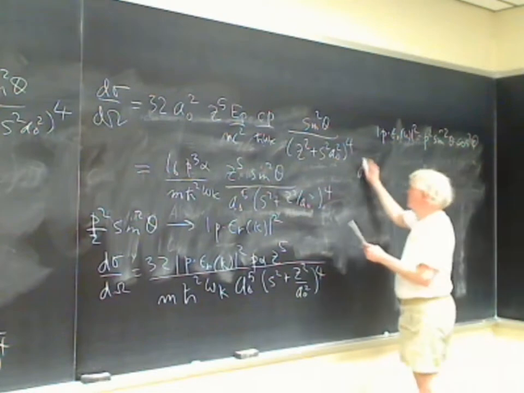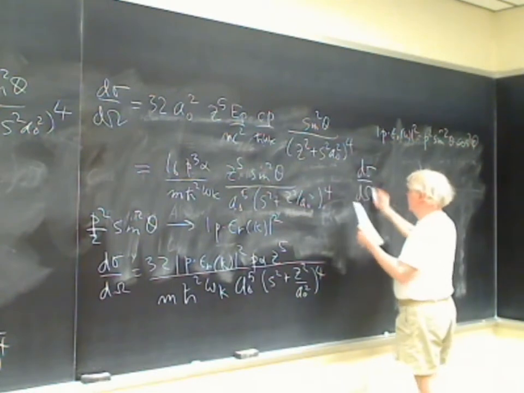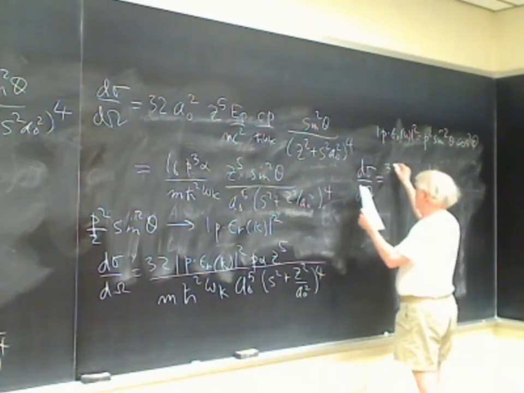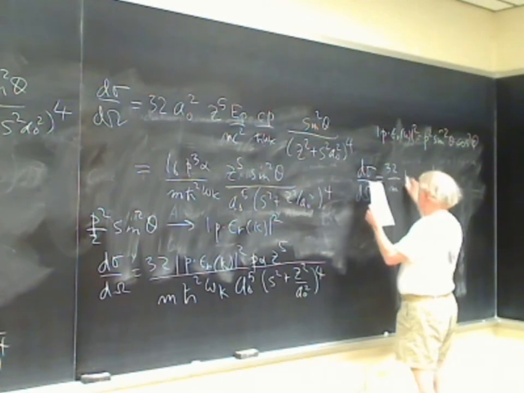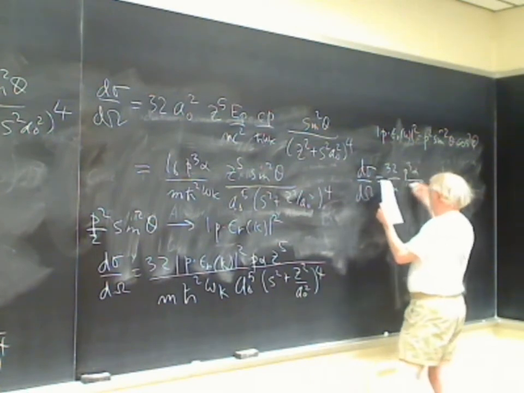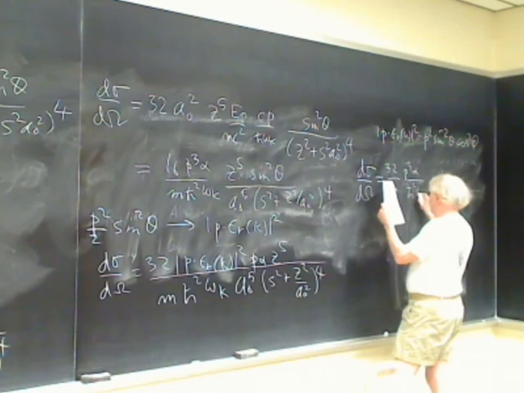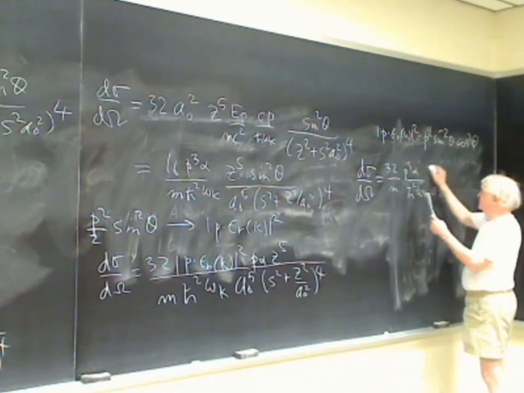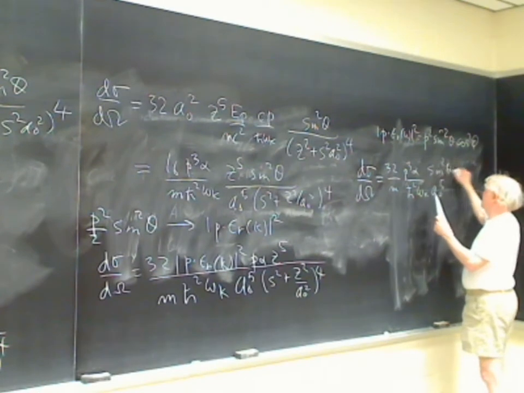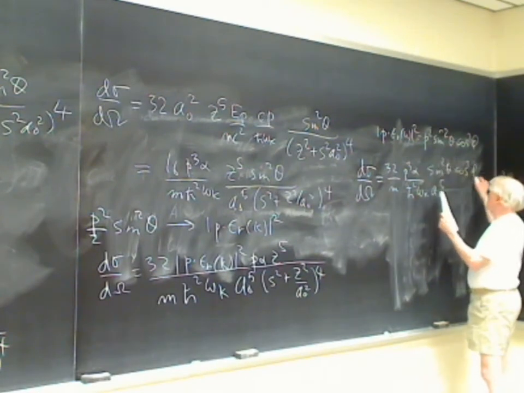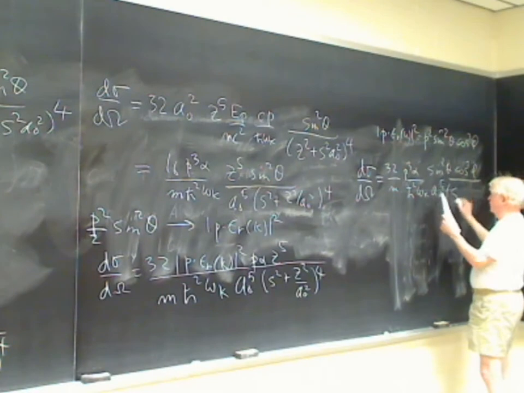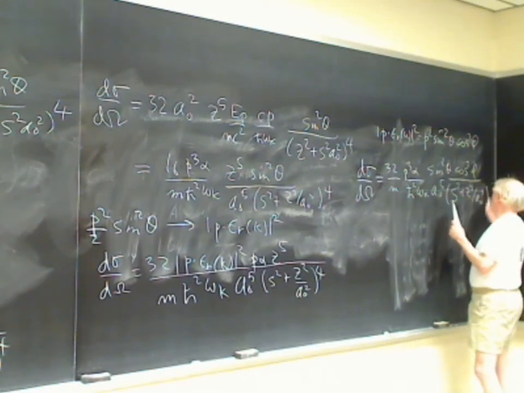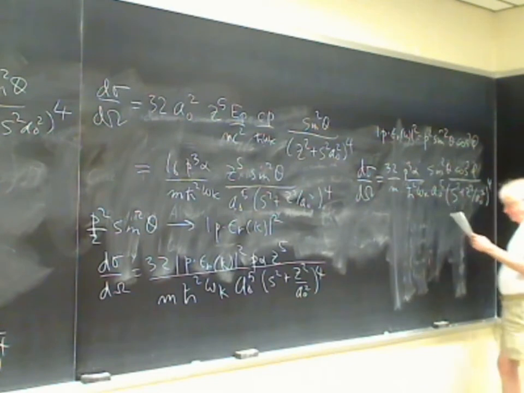And so now we have d sigma d omega is 32 p cubed alpha over m h bar squared omega k a0 to the 5th, sine squared theta cosine squared phi over s squared plus z squared over a0 squared to the 4th power.